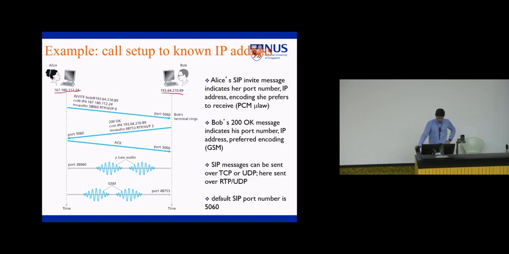This SIP session begins when Alice sends Bob an INVITE message, which is in fact very similar to an HTTP request message, as you see here. But this is usually sent over UDP, not TCP. So just like GET, now we have INVITE. Bob's address is here. This is using IP4 as the network layer protocol.